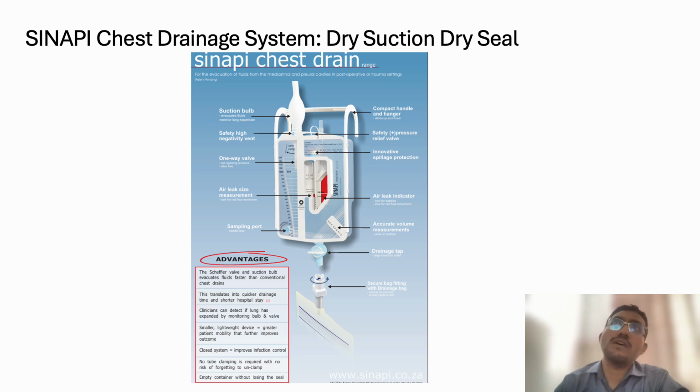Because the valve is a one-way system, the air and water from the chest can easily go into the collecting chamber, but there will be no air going into the chest, and we don't require any type of water column to maintain this system.